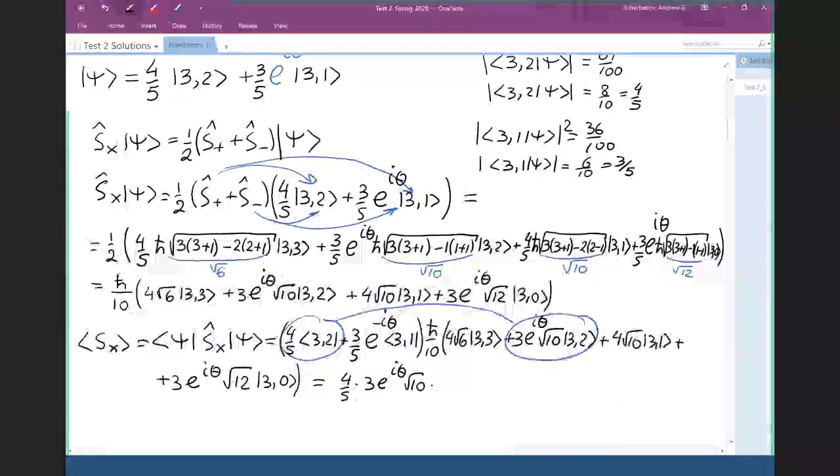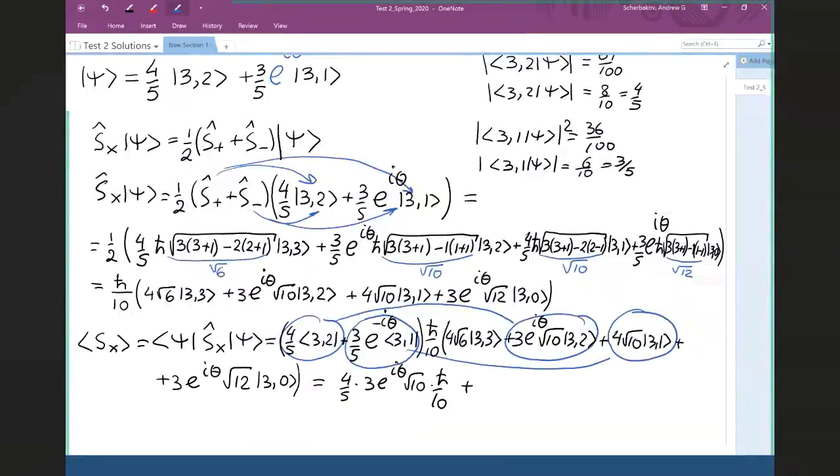And then the second part is going to be the 3,1 bra multiplying the 3,1 ket, and this ends up being 3 over 5 e to the negative I theta, times 4 root 10, times h bar over 10.